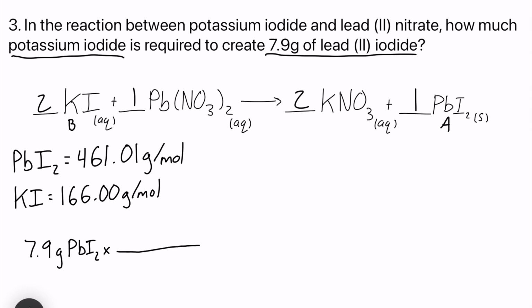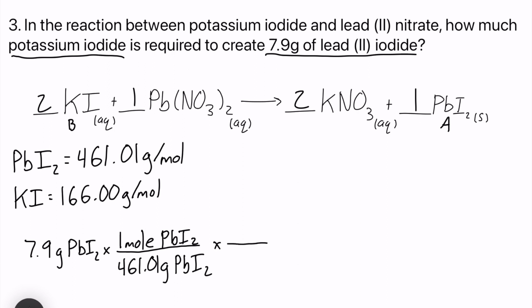And before we go to mass or moles of potassium iodide, we need to get to moles of lead 2 iodide, which means I will divide by that molar mass. So on the top, I'll have 1 mole of PbI2, and for every 1 mole, there's going to be 461.01 grams of lead 2 iodide.